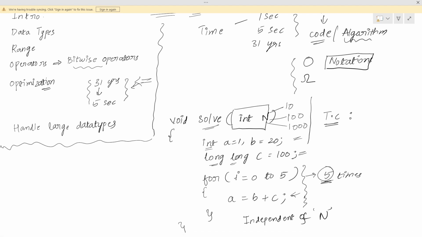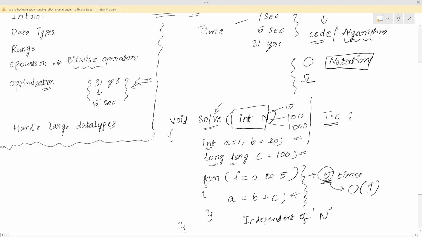That means this code is doing some constant operation, the same thing repeatedly. No matter how many times you call this function, the code is doing the same functionality. Every time it's running 5 times. So in terms of time complexity, we generally say that it is big O of 1.